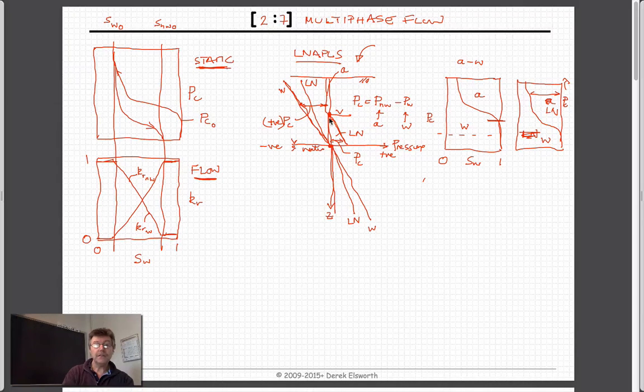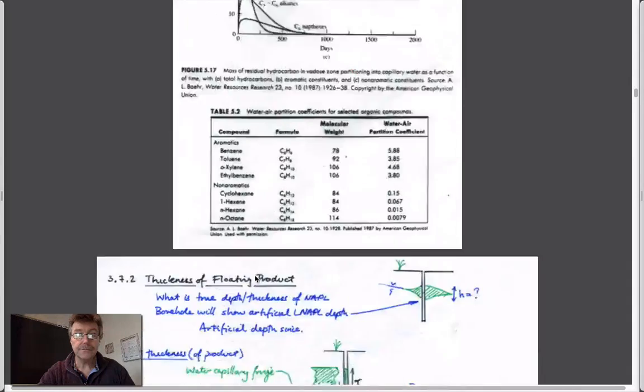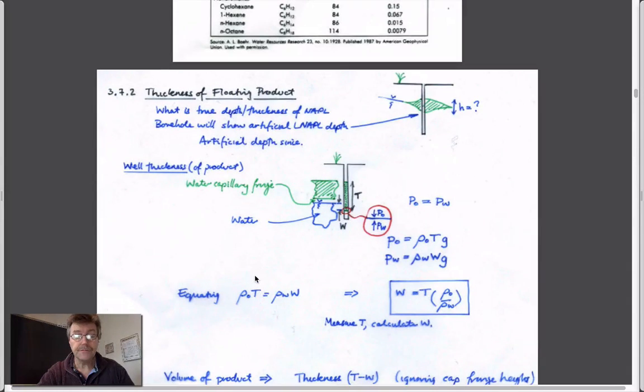if we have a water table here and an oil table here, the other consequence of this is that if we drive a borehole in this, we have separately an oil table that sits here, a water table that sits here, and these are within the aquifer itself, the formation.